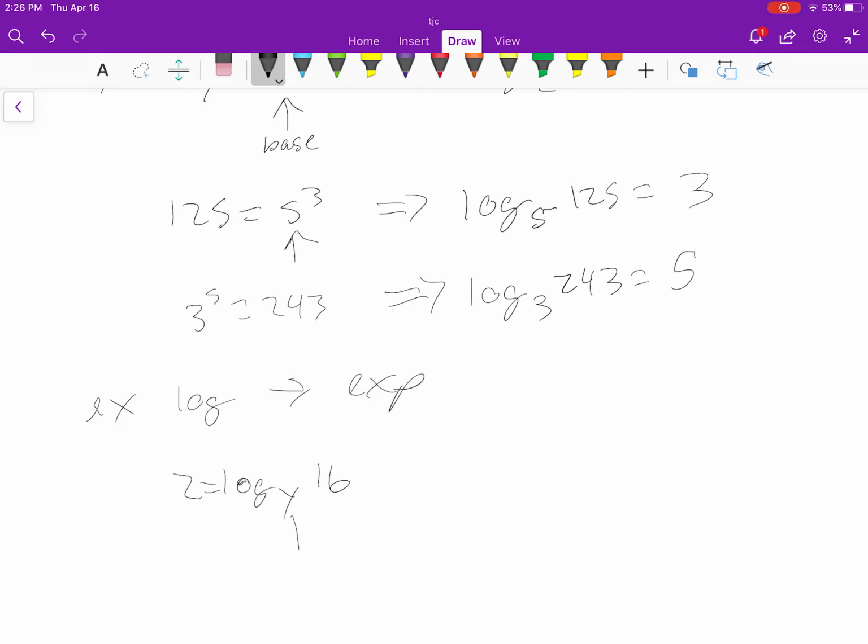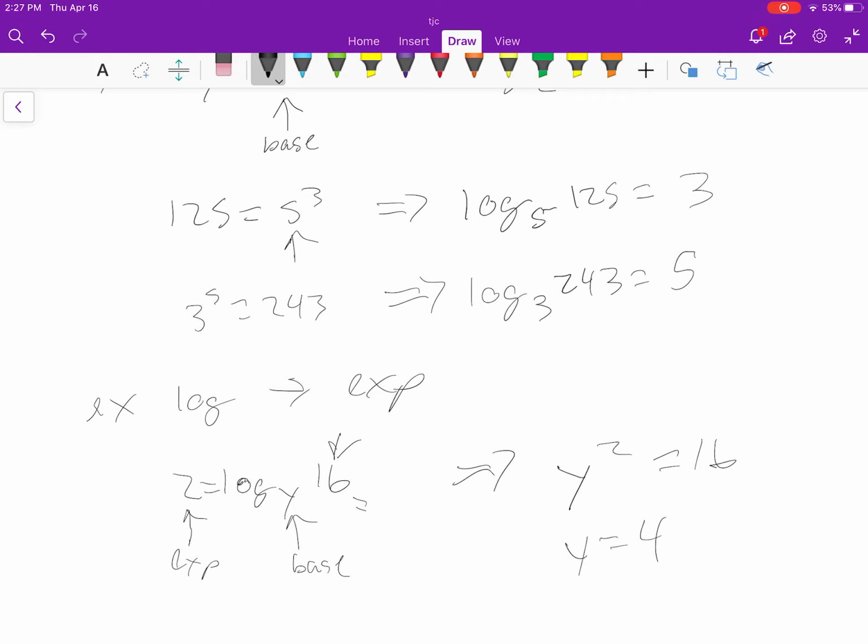Here's our base, here's our exponent, and here is what it equals. So when we rewrite this in standard exponential form, it's going to be y to the second equals 16. So what is y in this case? Well, y would equal 4.